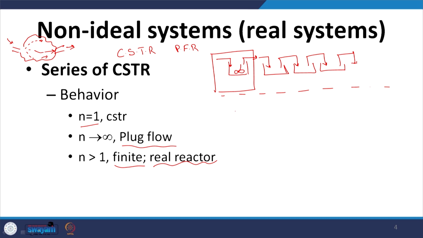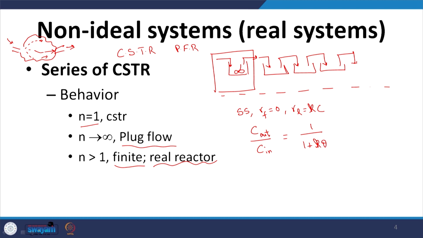When we applied the mass balance equation to a CSTR at steady state, with the rate of formation equal to 0 and the rate of loss based on a first order loss reaction, K C, what is it that we ended up with? I think we had C out by C naught equal to 1 by 1 plus K theta, right.